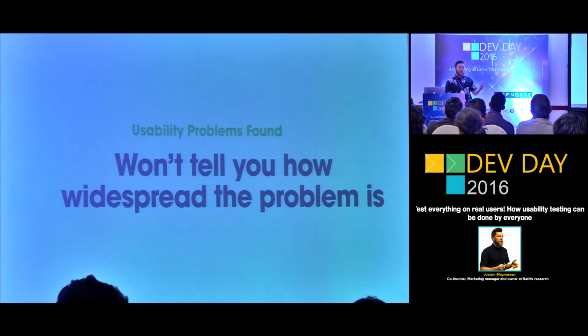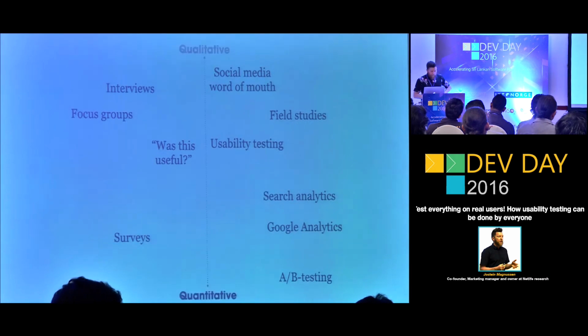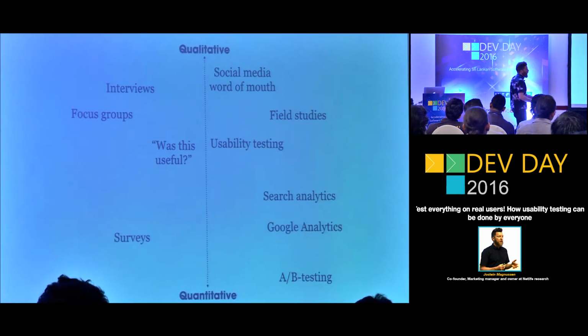But then you have to evaluate, do I think that this would actually be a problem for more people? And probably it would. But the usability test will not tell you how widespread the problem is. So of course, a usability test is just one of quite a lot of different methods.